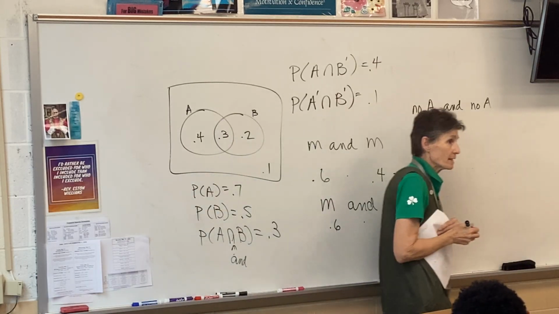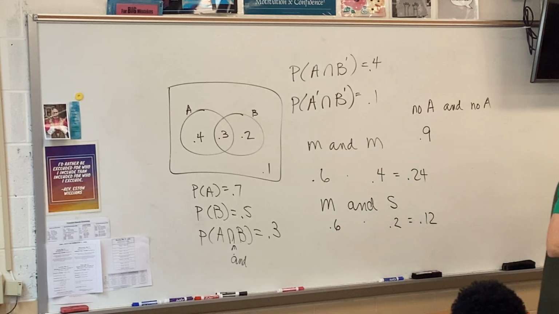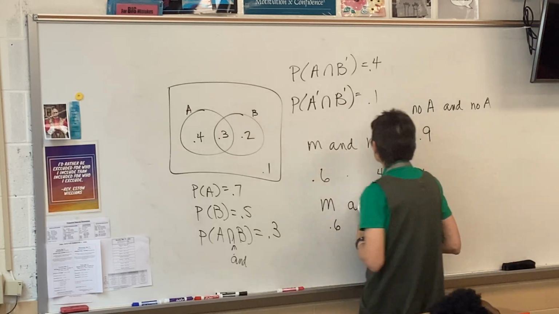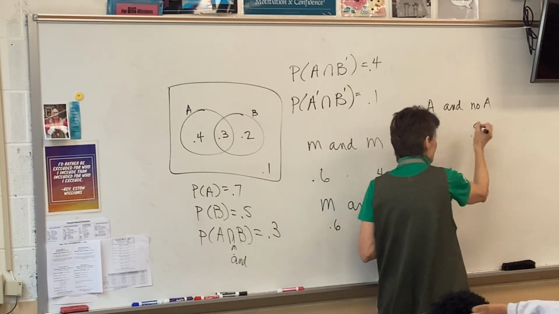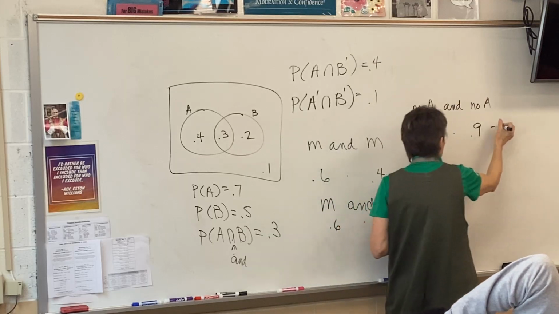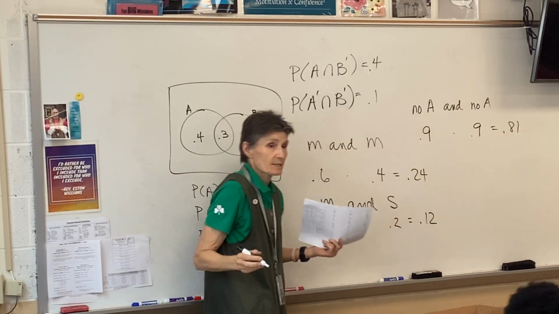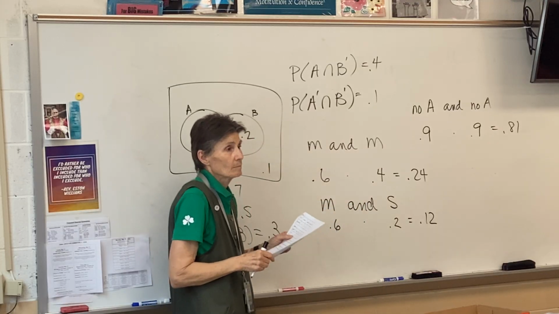That means you don't like art, the other 90%? We're talking about being your favorite class. So 10% of the kids, art is their favorite class. That means 90% it's not. All right, what about class 2? 0.9 again? So the probability that I will get no arts is 0.81.